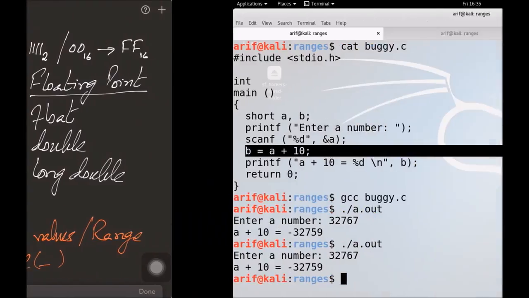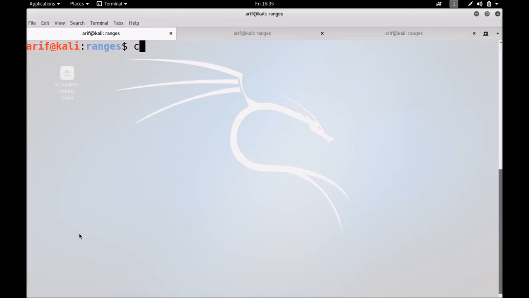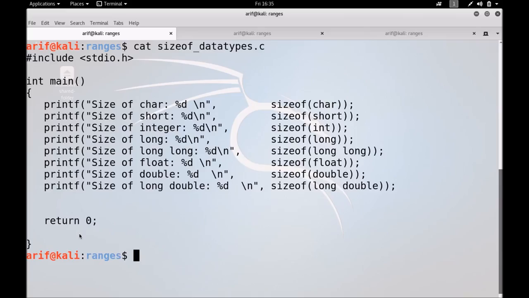Let me move on to the terminal and show you a program which uses this sizeof operator to compute the size of the character, short, int, long, long long, float, double, and long double. Let me compile this.